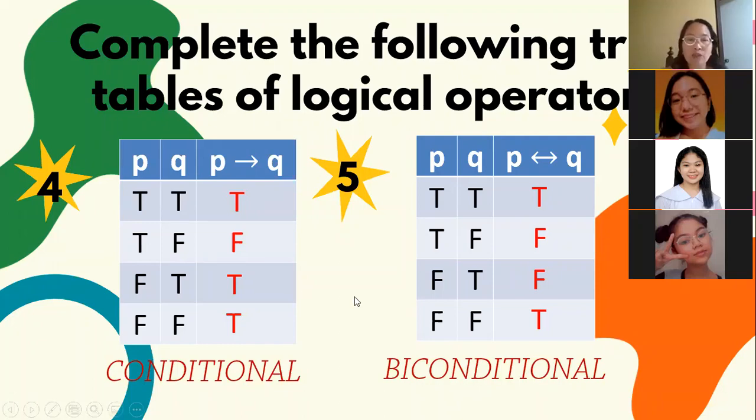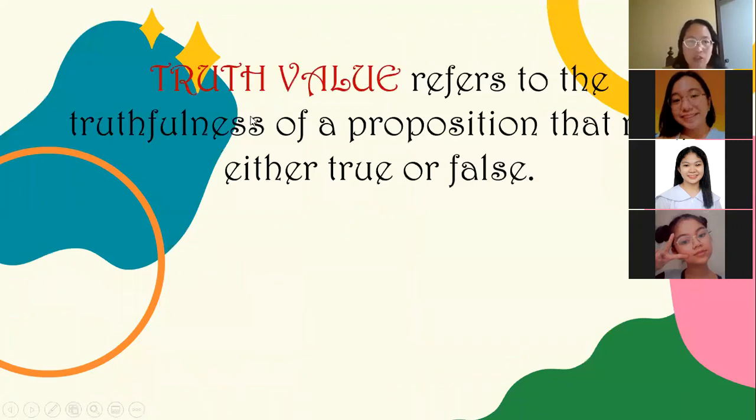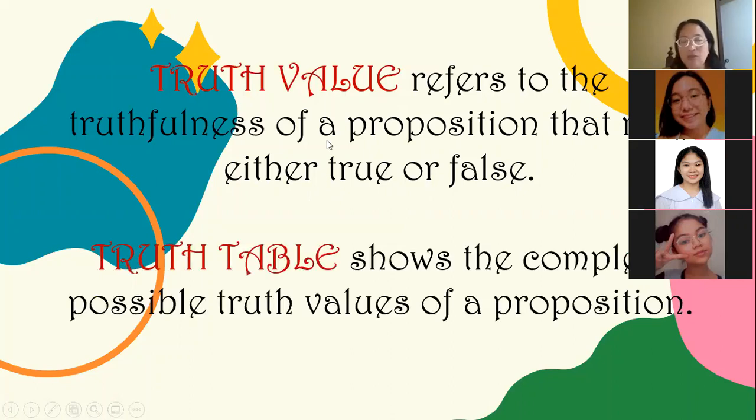So again, you need to be familiar with all these logical operators for us to form the truth table of different propositions. So ano ba yung sinasabi natin na truth value? When we say truth value, it refers to the truthfulness of a proposition that may either be true or false. With the use of the truth table, we will be able to know the truth value of the different propositions.